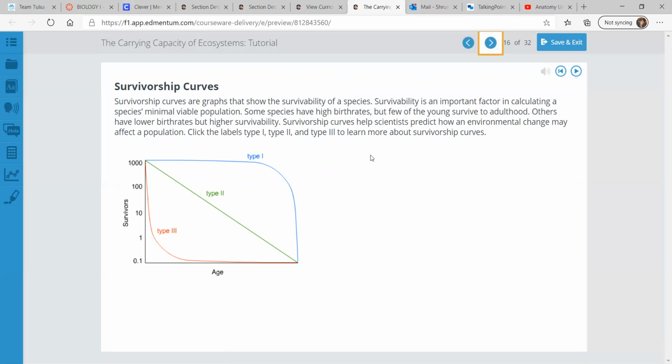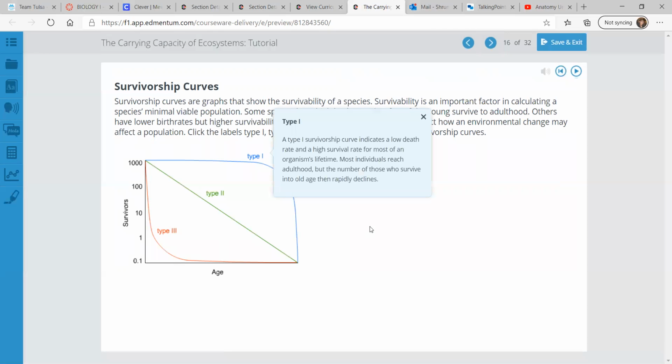Others have lower birth rates, but higher survivability. Survivorship curves help scientists predict how an environmental change may affect a population. Click type 1, type 2, type 3 to learn more about the curves.